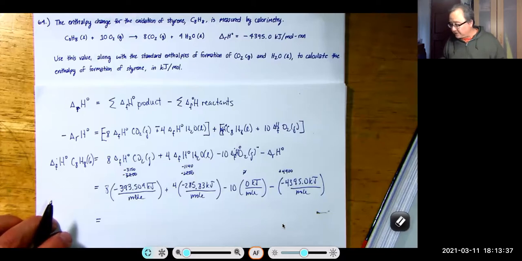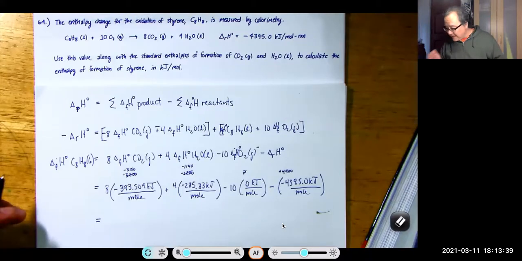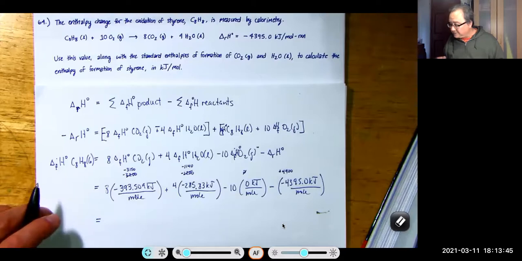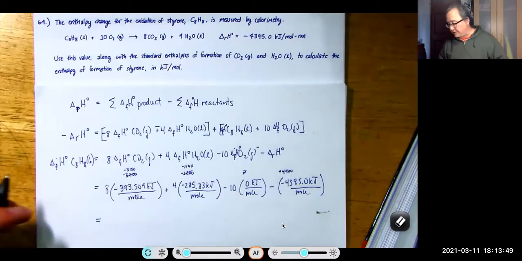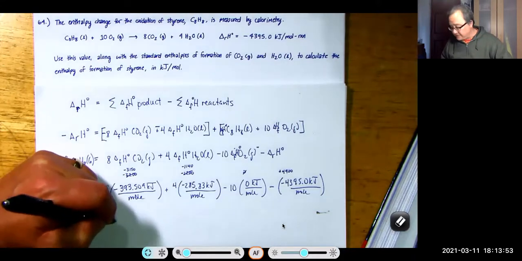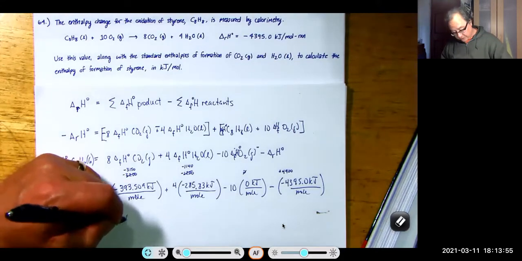Oops, I made some sort of mistake. I see what it is, 4395.0. Okay, I get minus 211 or positive 211.6 kilojoules per mole.